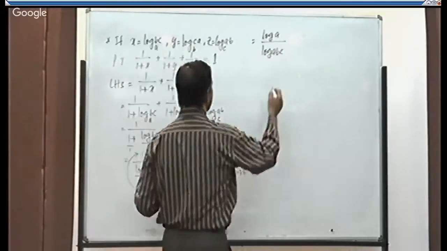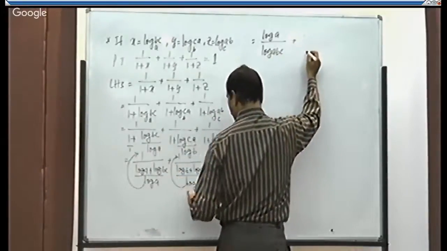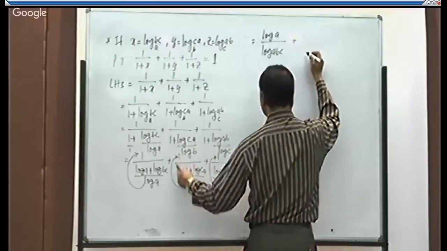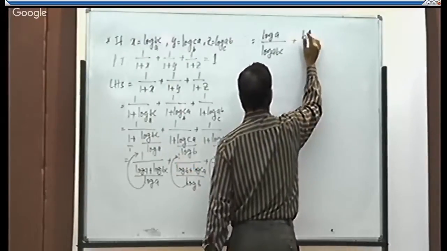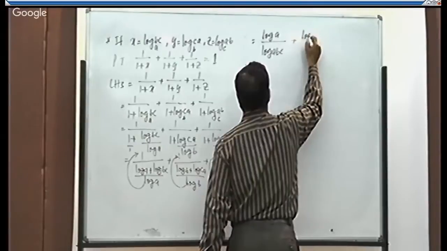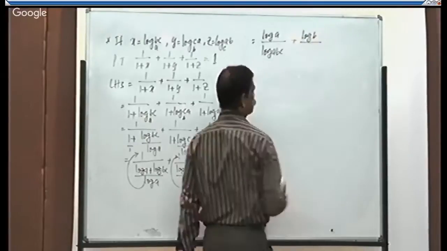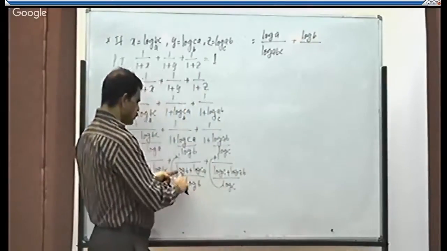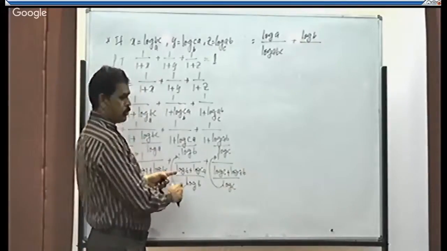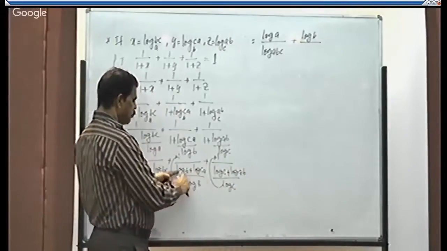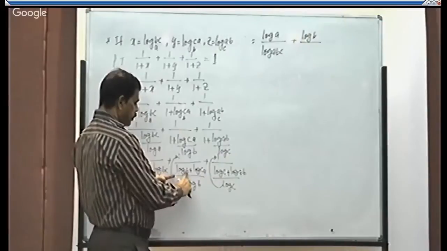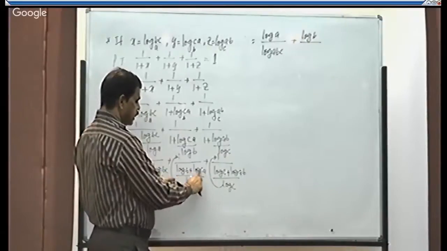In the same way, next term, this log B goes to numerator, log of B divided by. Here also use log M plus log N is equal to log MN. What is M? B. What is N? CA.